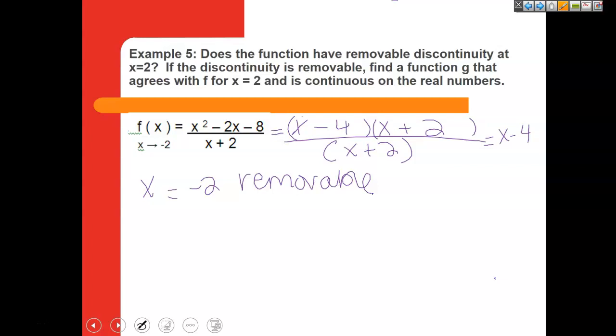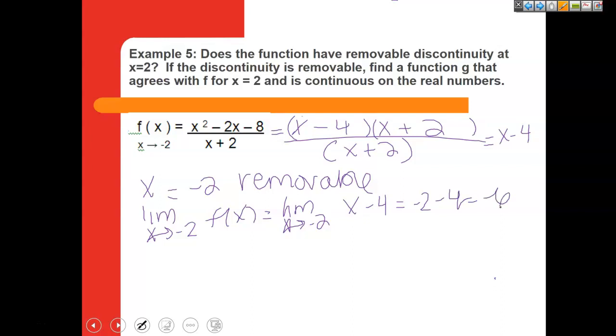So that means the limit as x approaches negative 2 of f of x is equal to the limit as x approaches negative 2 of x minus 4, which is negative 6. Are we okay with that statement?